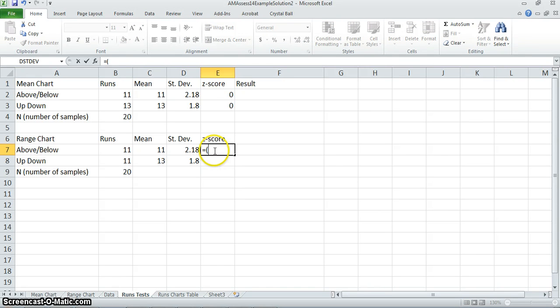The z-scores are the number of runs minus the mean divided by the standard deviation.